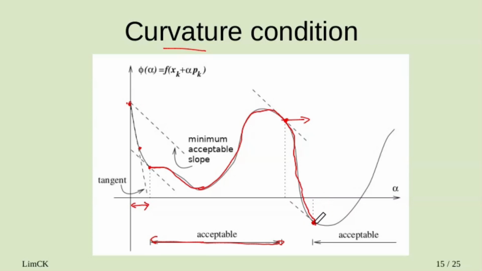Then if you move forward, the alpha getting larger, the gradient becomes larger, and this is the area where you can accept the alpha. So this is the so-called curvature condition.